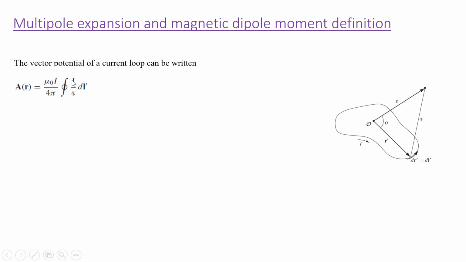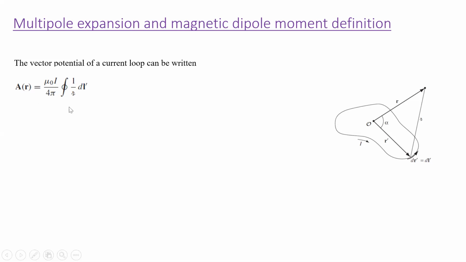And then what we showed last class is that it's equal to the integral over the loop of 1 over the separation vector times dl prime, integrated around the loop, dl prime being the length elements as we integrate around the loop. Okay, so we showed this last time. We made an argument for this last time. I won't get into this now, but this is our starting point here.